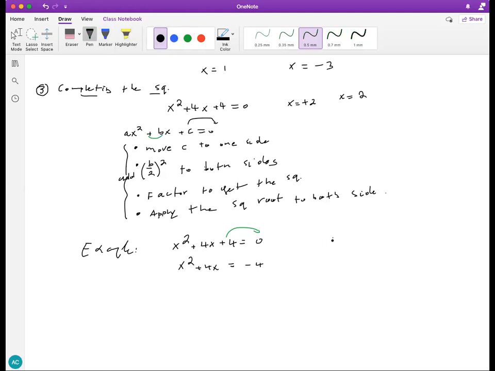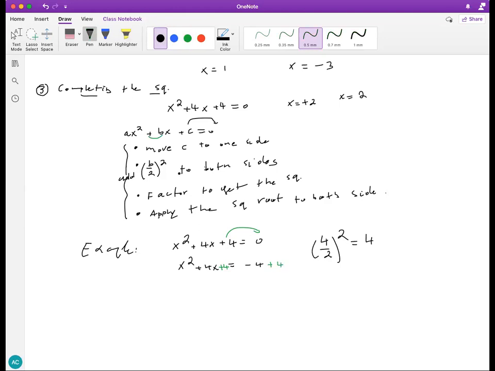So we take that: 4 over 2 squared, which is 4, because 2 times 2 is 4. So we're going to add that. Because it's an equation, you can do whatever you want on both sides. Add this number here to both sides.